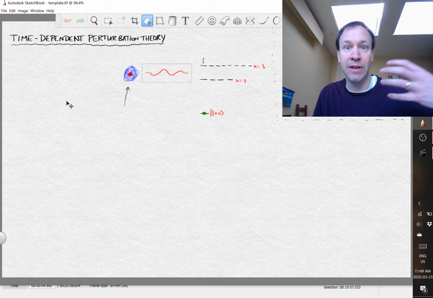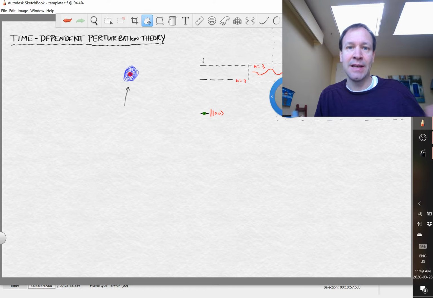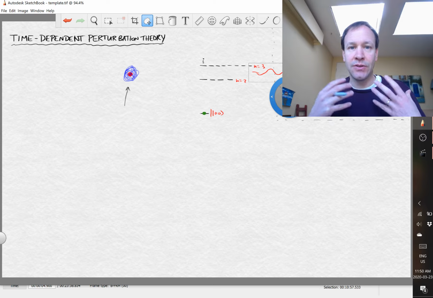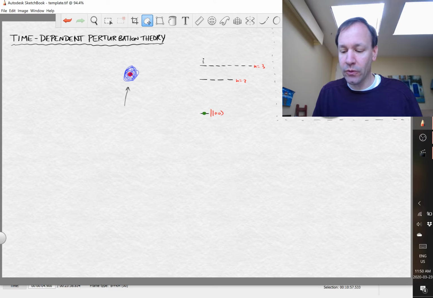And so from the point of view of the hydrogen atom, then we'll have a different Hamiltonian that turns on for a little while that electromagnetic wave is passing by. And so now we have some time-dependent physics, and we want to know what is the physical result of that.